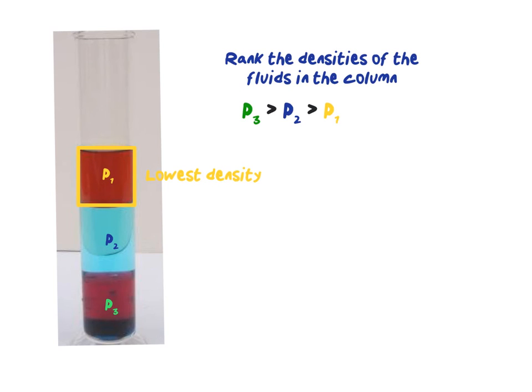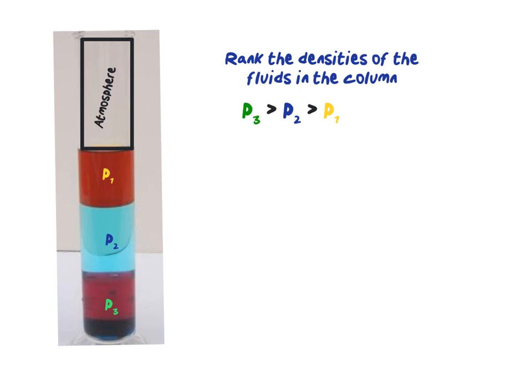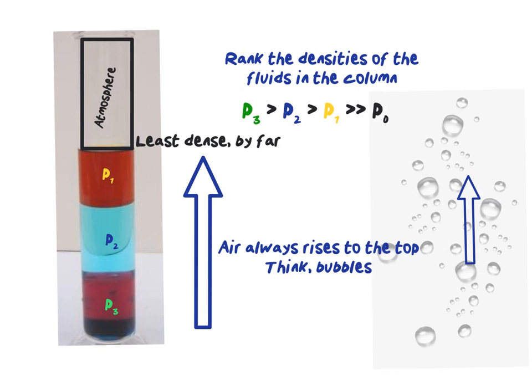And if we want to take into account the atmosphere as well, we could say that the atmospheric density is the smallest by far. And that's why the air is always on top of things.